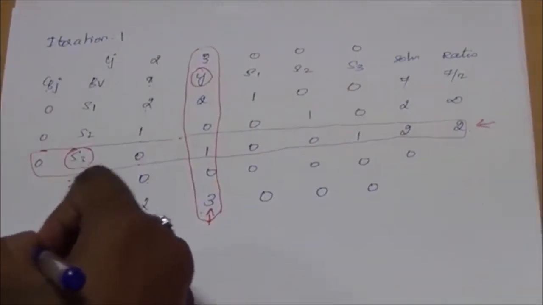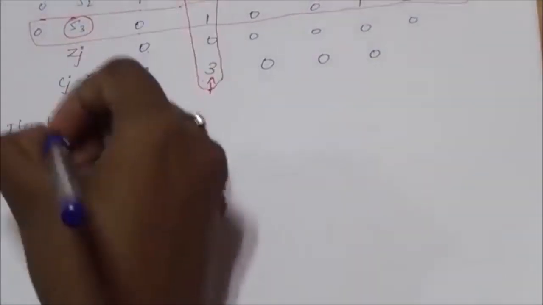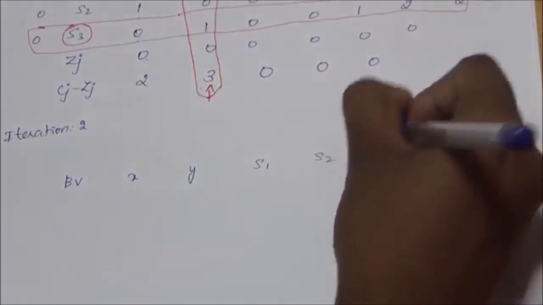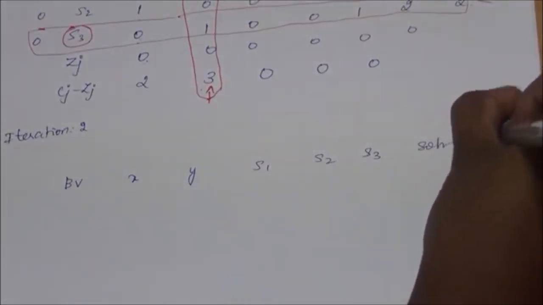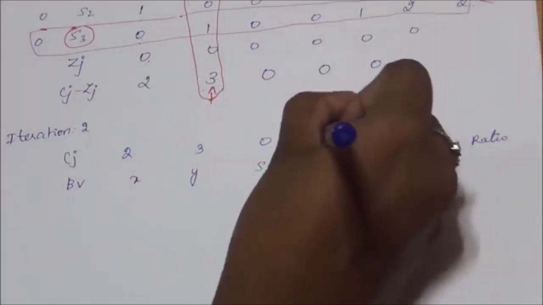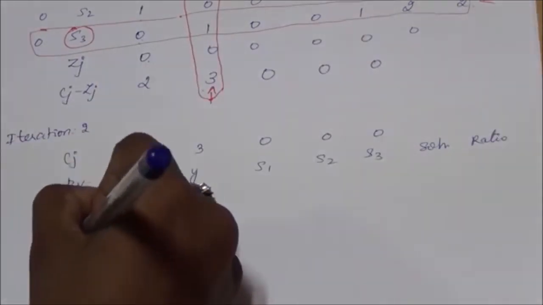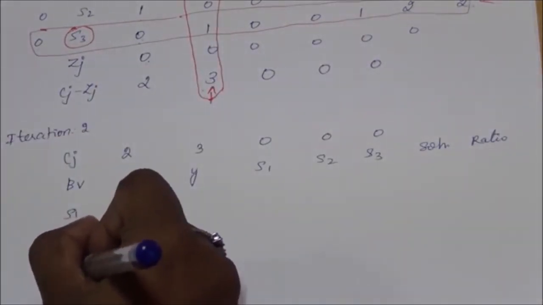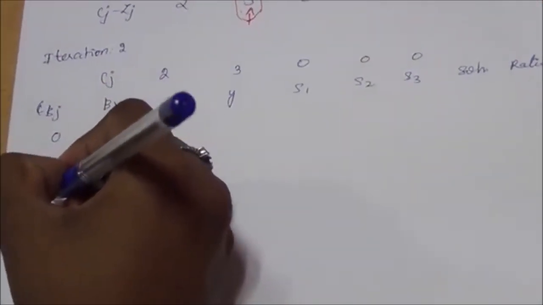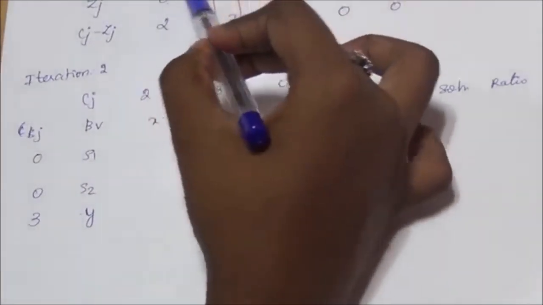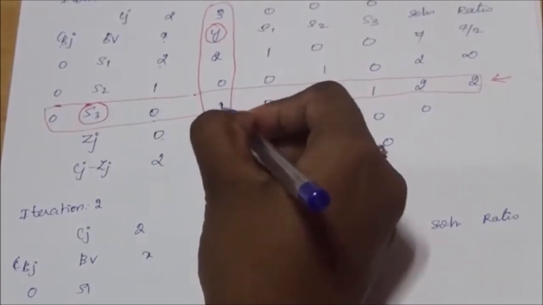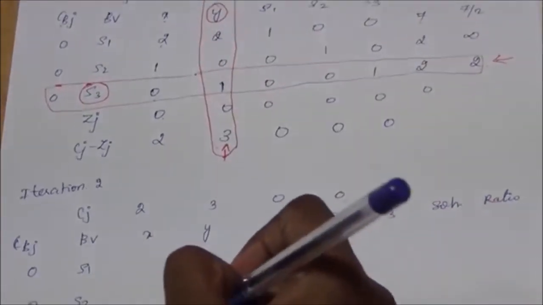Iteration 2. Now here instead of S3 we will replace the variable y. For writing these pivot elements here, we have to find the intersection element, here it is 1. We have to make this element 1 in this next iteration table.